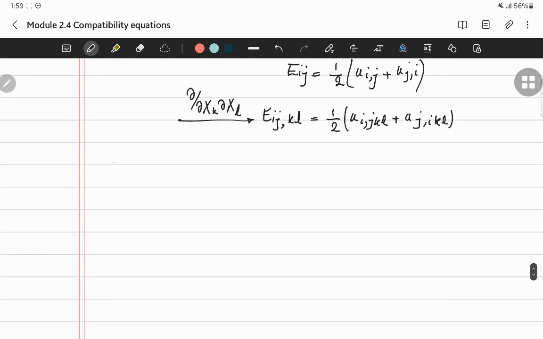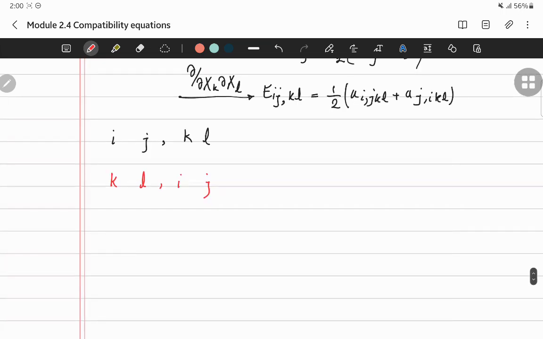Since these are all free indices, I can manipulate them. So if I have Eij comma KL, I can put KL in here, comma, ij. The order of differentiation is not important. So if I have I in here, since I is the counterpart of K, I put K in here.